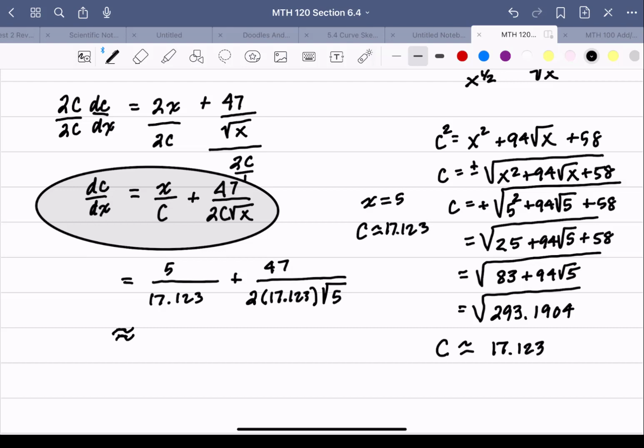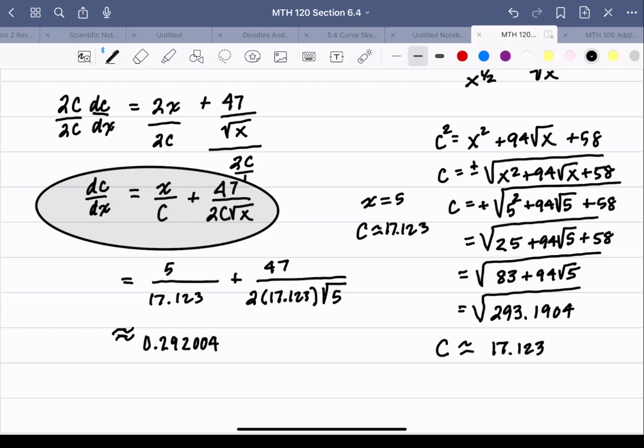So when I divide 5 by 17.123, I get 0.292, and then it's 0.004. So probably can go to 0.292 and still be accurate to what my math lab wants.